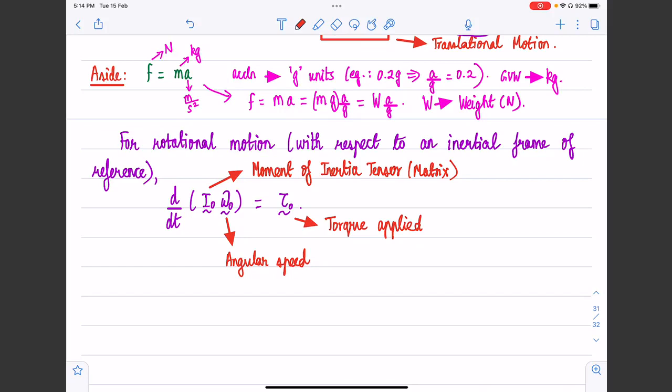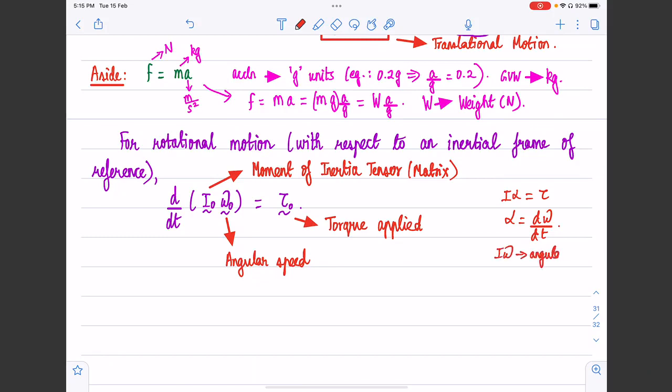Typically, if you remember, even in 1D, when we write the equation of motion for rotational motion, we write I alpha equals torque. What is alpha? Alpha is the time rate of change of omega, of course, in one-dimensional motion. Please note that here I have not written I naught alpha. I have written the time rate of change of angular momentum, and I omega is angular momentum.